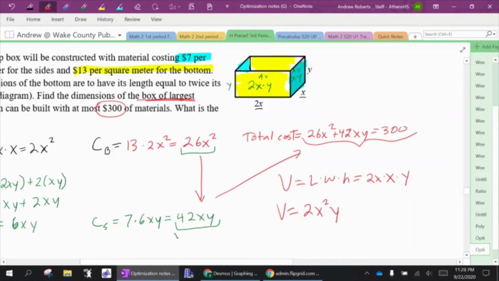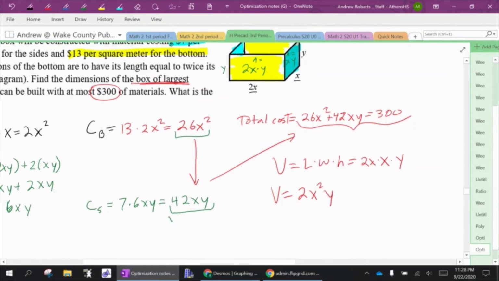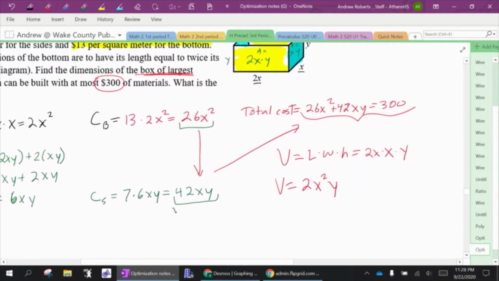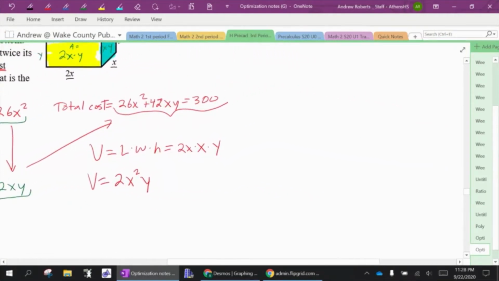Now, we don't know what y is, but we can find y. All we have to do is solve this equation for y, get y by itself. So I'm going to take away 26x squared, that'll be 300 minus 26x squared equals 42xy.